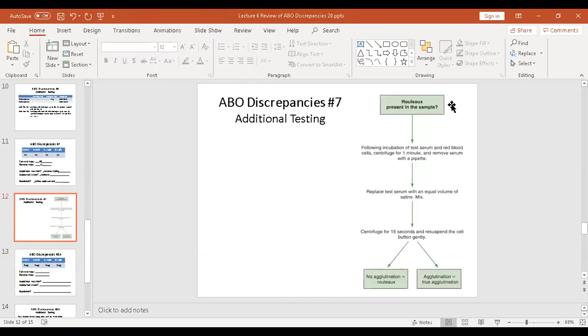Okay, so we talked about saline replacement in lecture 5. When we have those reverse typing tubes where we're getting weak reactions in both tubes, what are we going to do? We're going to incubate our patient's serum and the red cells, and then following incubation, we're going to centrifuge for 1 minute.